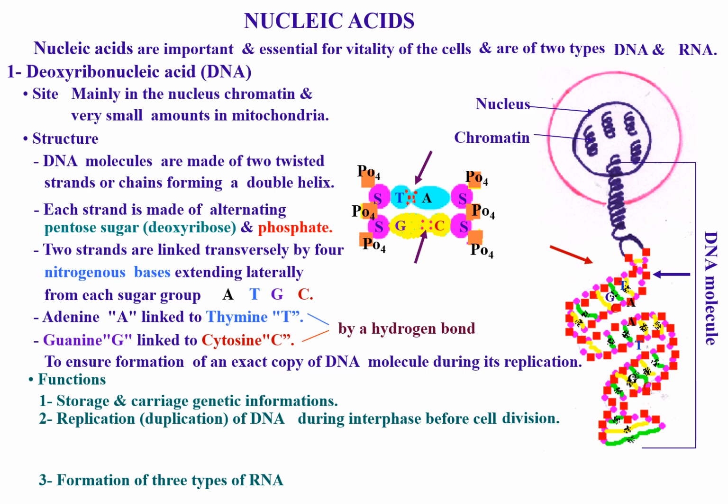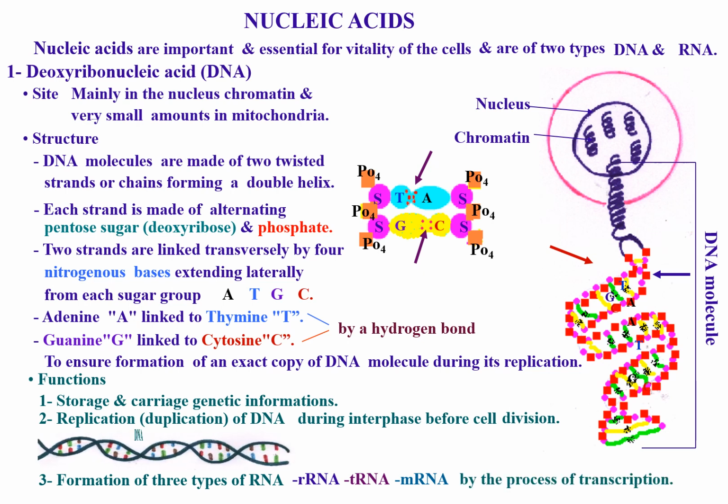Formation of three types of ribonucleic acids: ribosomal RNA, transfer RNA, and messenger RNA by the process of transcription. By this, they transfer the genetic information.